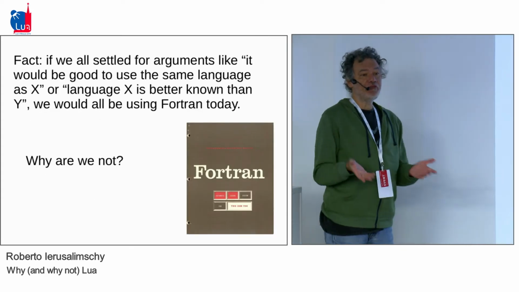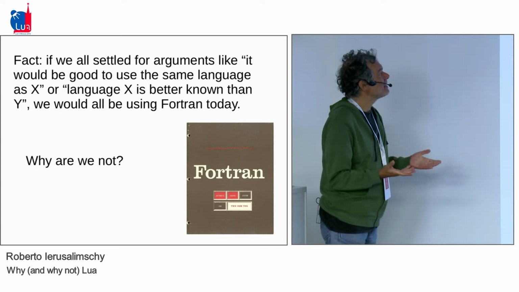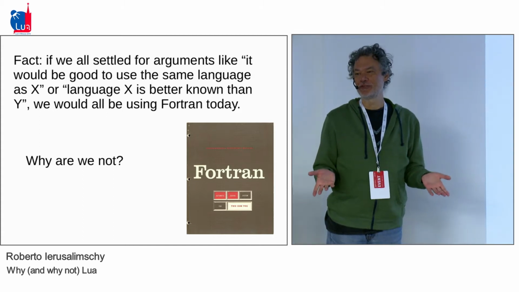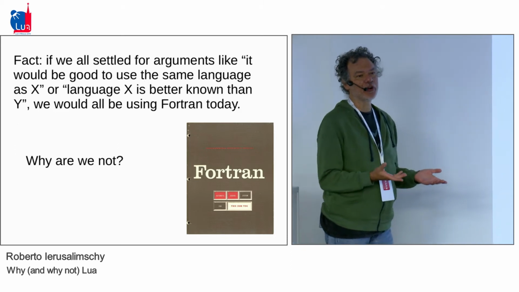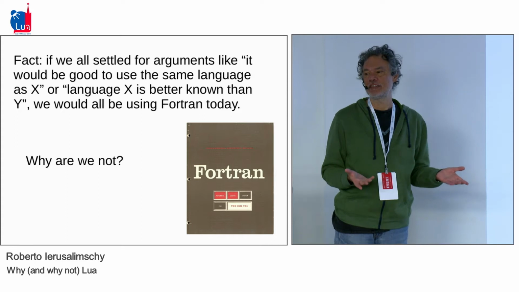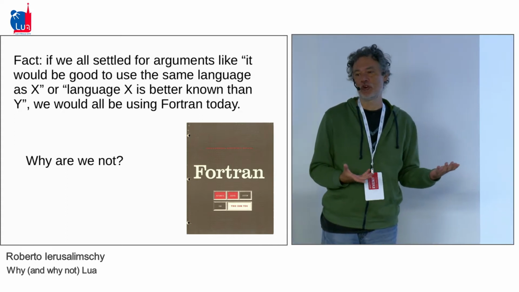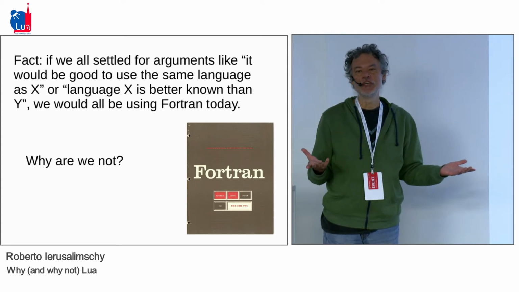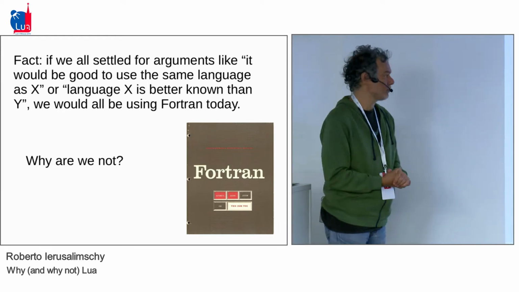Well, if we followed those rules, we should all be using Fortran until today, because Fortran was the first high-level programming language and was very successful at its time, and if network effects were that strong, we should all be settled with Fortran. There would be no new languages, and everybody would live happy forever using Fortran.